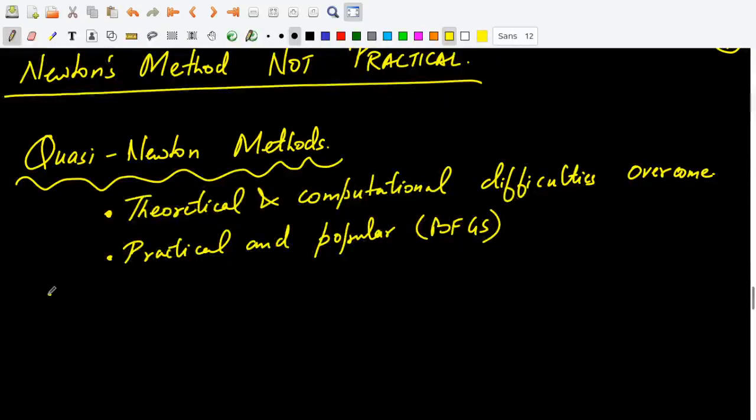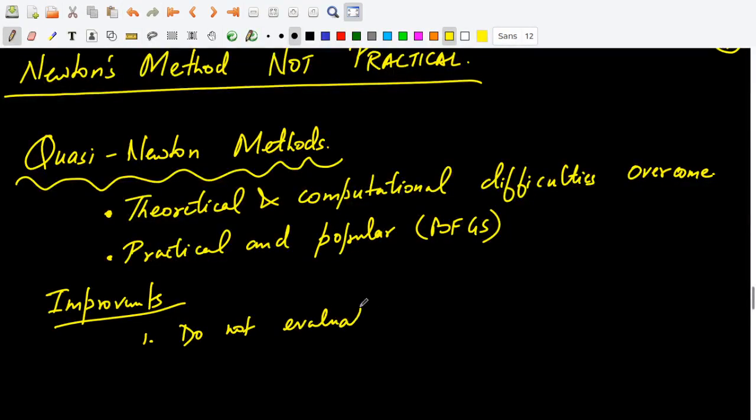So the improvements these methods propose are, number one, do not evaluate the Hessian of the function.